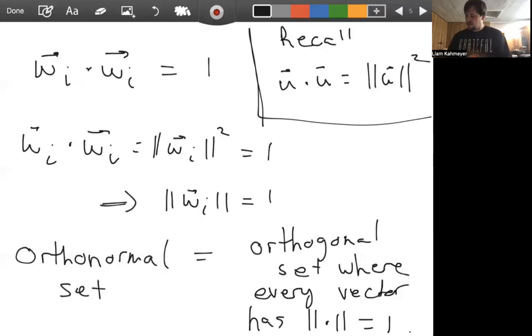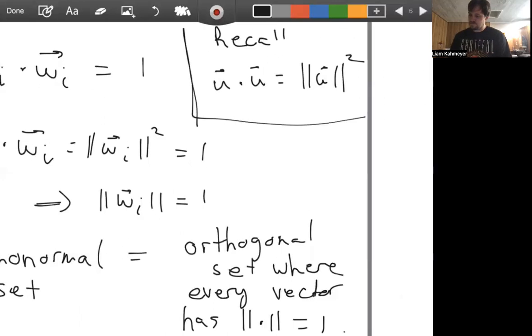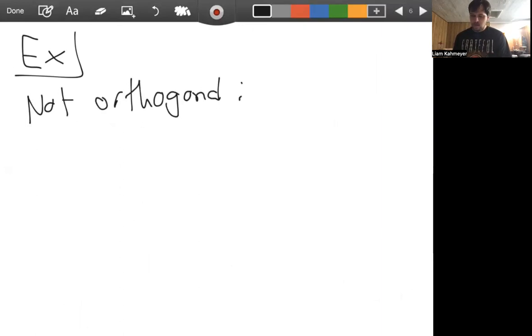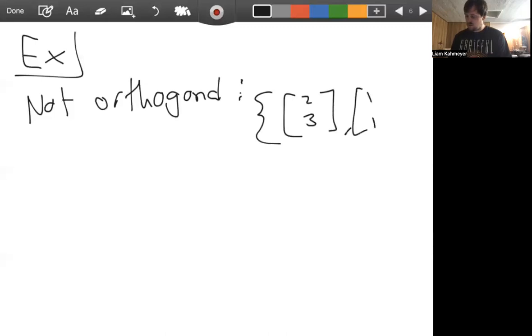So what's an example of an orthogonal set, or an orthonormal set, or a set that's neither? Let's look at some important examples here. Let's find one that's not orthogonal. Really, you can come up with a lot of these. All you have to do is come up with a collection of vectors such that at least one pair gives you a non-zero dot product. Let's just do an example with 2 vectors so we get the idea. Let's consider the set of vectors (2, 3) and (1, 1).